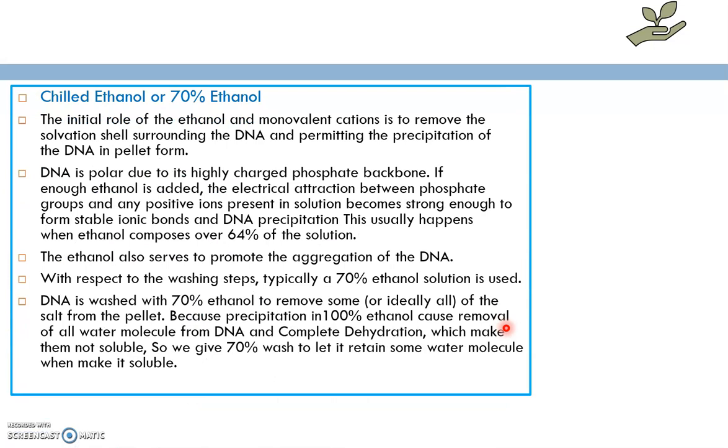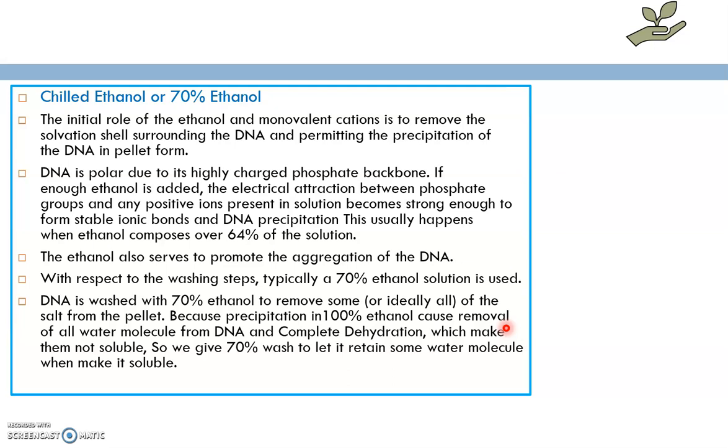Now, after extraction of the DNA from the plant cell and removal of unwanted RNA and protein, the supernatant is treated with chilled ethanol for the precipitation of DNA. As DNA is polar due to its highly charged phosphate backbone, if enough ethanol is added, the electric attraction between the phosphate group and any positive ions present in the solution becomes strong enough to form stable ionic bonds, and DNA precipitation can be done.